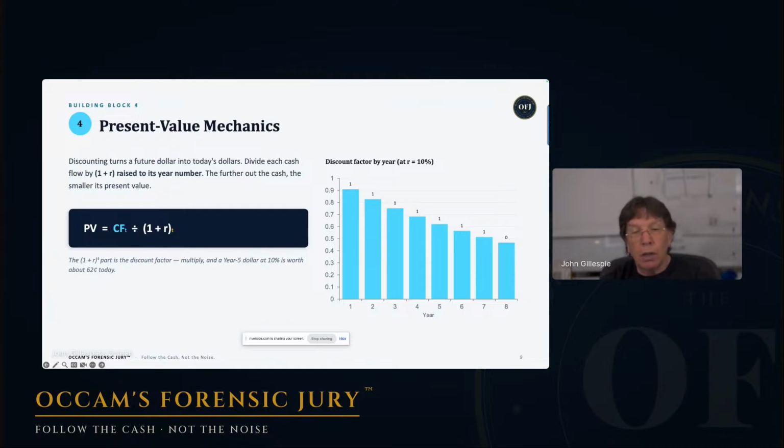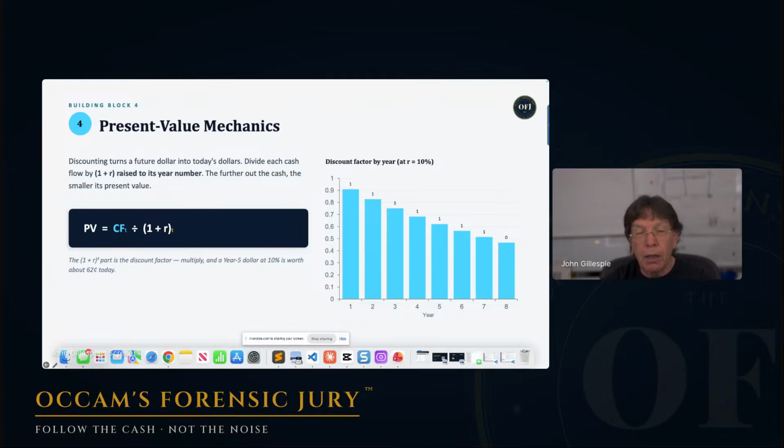Use the chart: at 10% a year, year 1 cash is worth about 91 cents. Year 5, it's about 62 cents. And it keeps decaying. If the room is comfortable, we would just factor this repeated division. Right? Slide through.